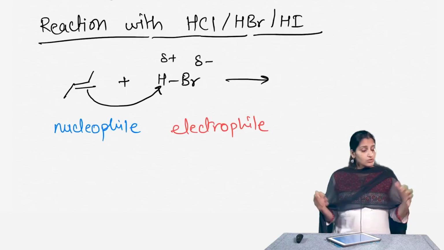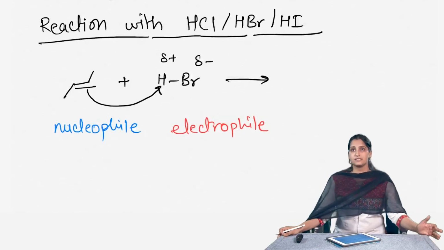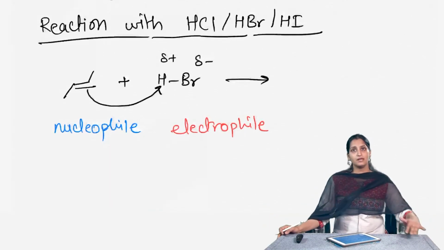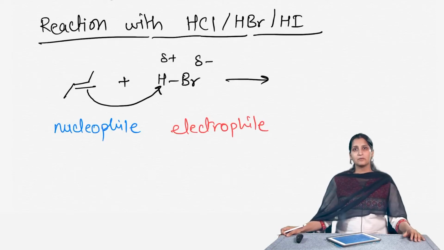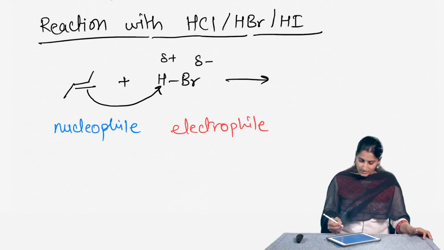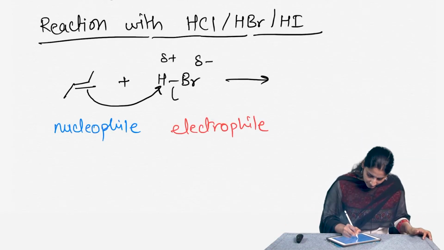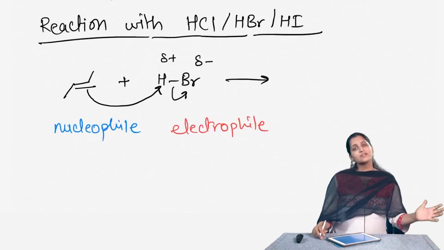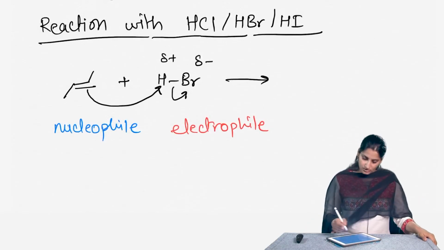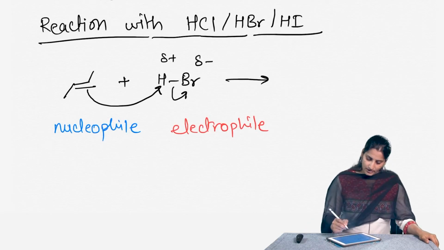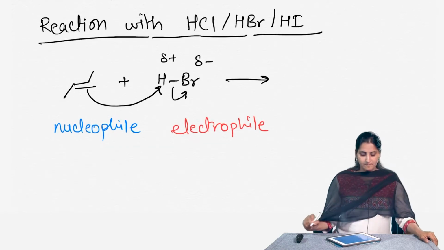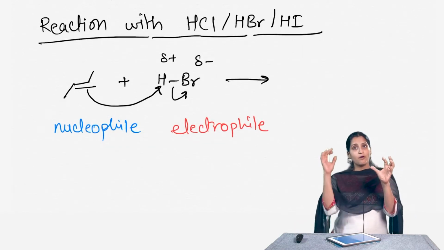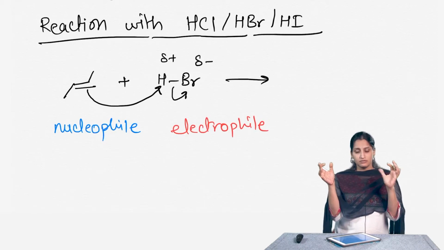Okay. Now, the proton does not want to really form 2 bonds, it is already forming a bond with the bromine, it does not want to form a new bond with the carbon. So, what it does indeed is it breaks its bond and gives the electrons to the bromine. So, what do we have here? As a result of which, now the carbon has formed a bond with the hydrogen, right.